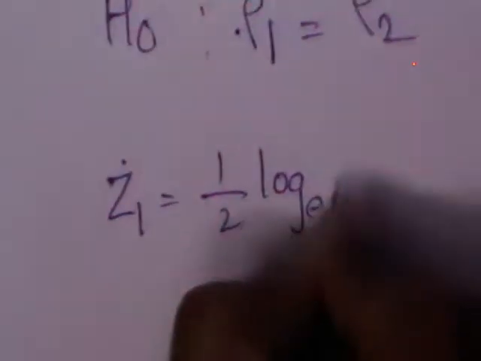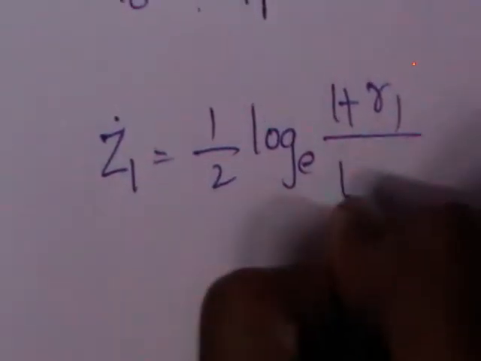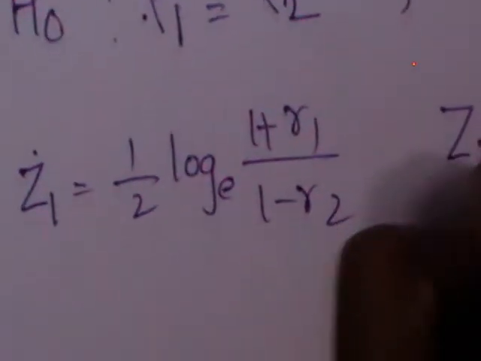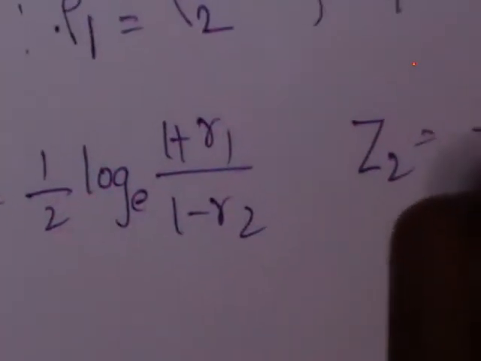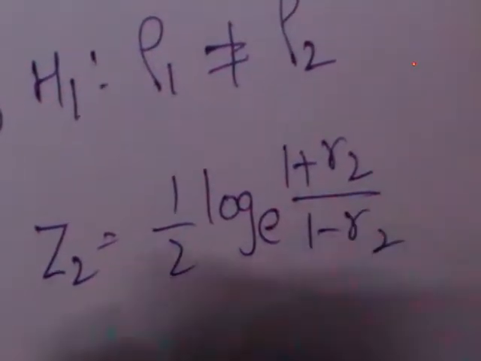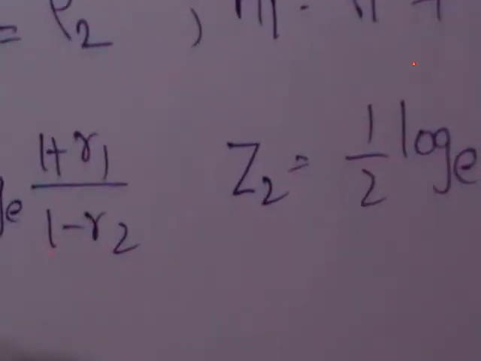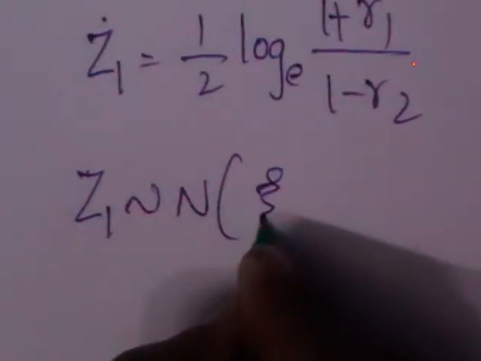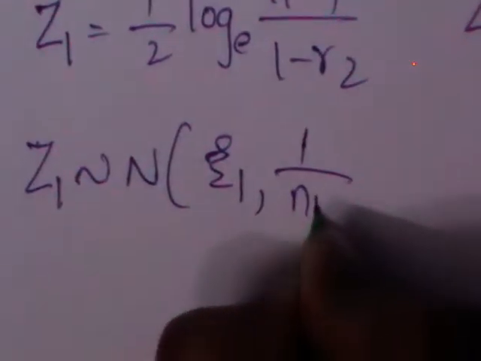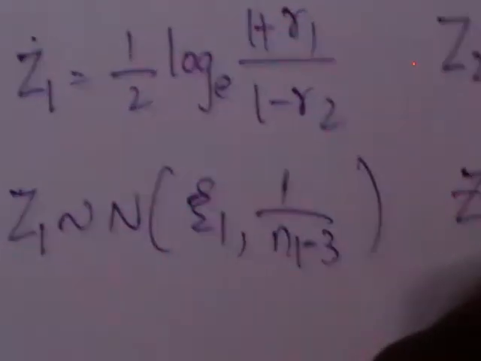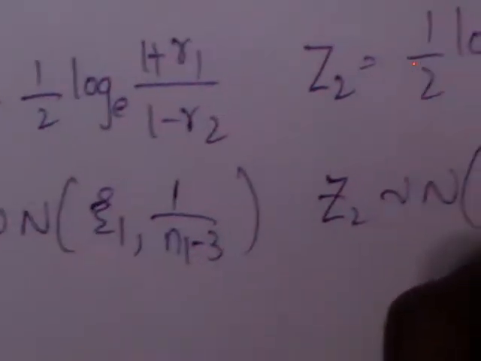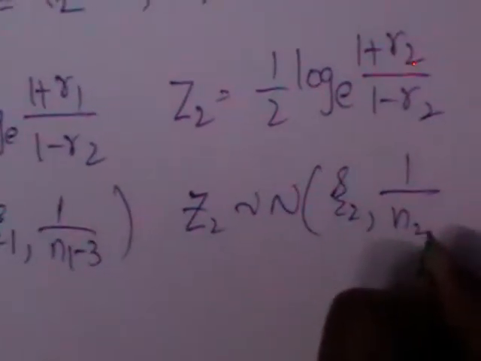Z1 will be 1 by 2 log (1 plus r1) by (1 minus r1), and Z2 will be 1 by 2 log e (1 plus r2) by (1 minus r2). Z1 follows a normal distribution with parameters zeta 1, 1 by n1 minus 3. Z2 follows a normal distribution with zeta 2, 1 by n2 minus 3.